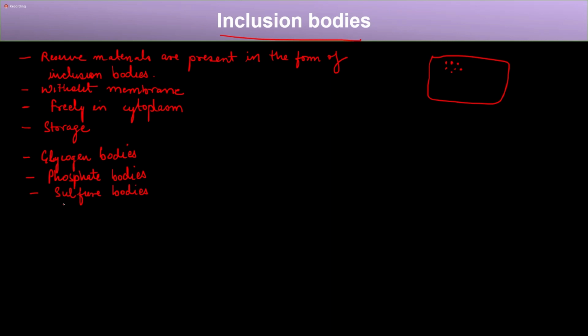Okay. Apart from this, certain bacteria have inclusion bodies that are also called gas vacuoles. So a gas vacuole is also a type of inclusion body.